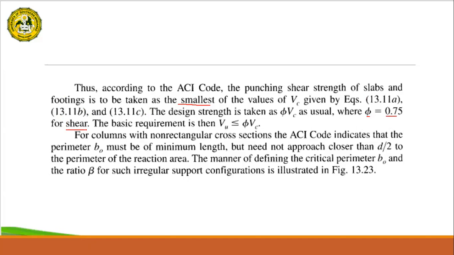So ang basic requirement dito is that the Vu should be less than or equal to the design shear strength. So for columns with non-rectangular cross sections, the ACI code indicates that the perimeter bo must be of minimum length but need not approach closer than d over 2 to the perimeter of the reaction area.